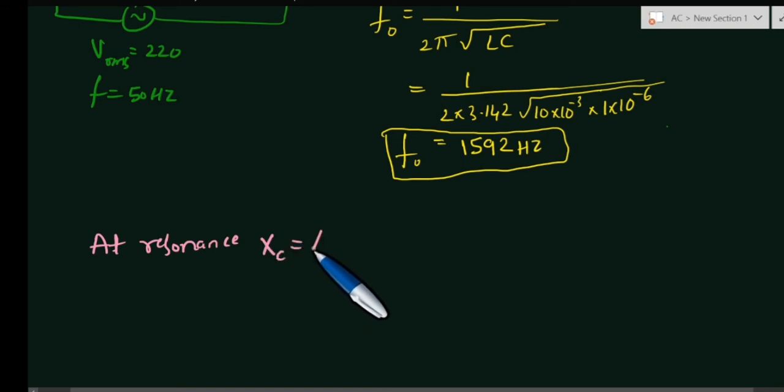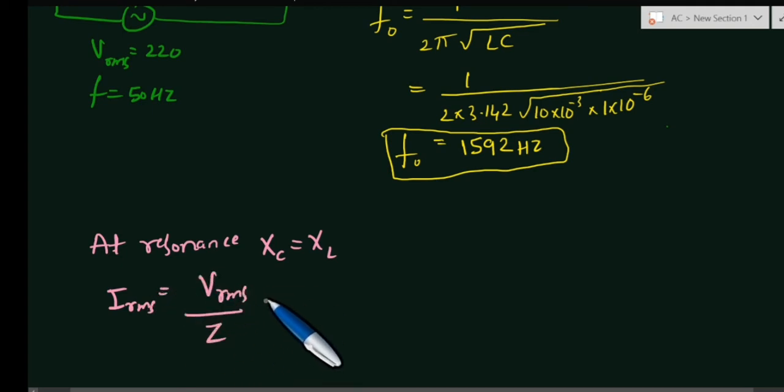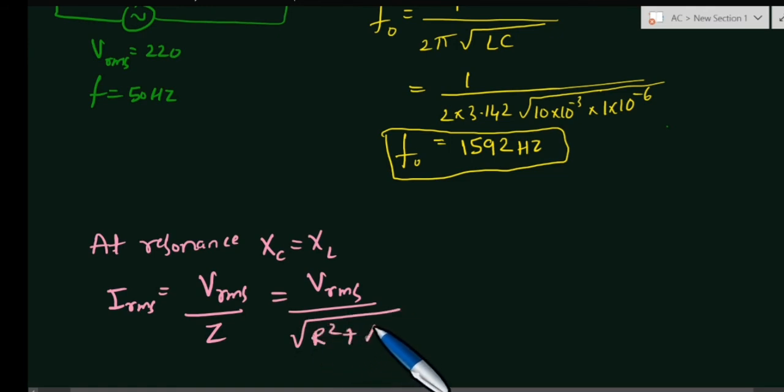XC and XL value becomes equal. XC and XL both are equal. XC is equal to XL and IRMS is equal to VRMS divided by Z. So we can write VRMS divided by square root of R square plus (XL minus XC) square.